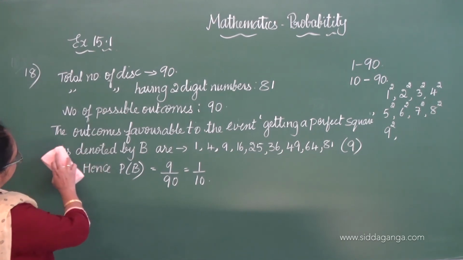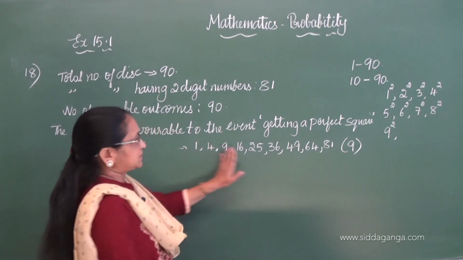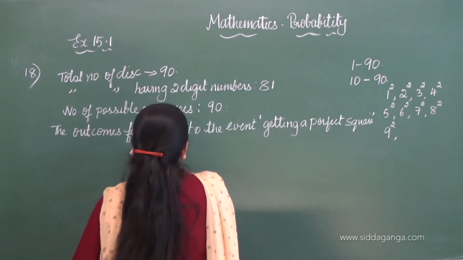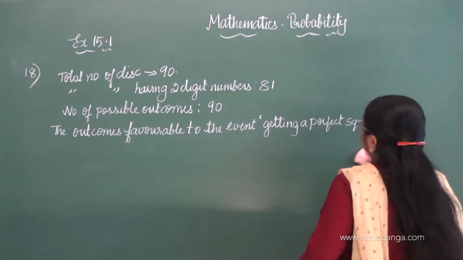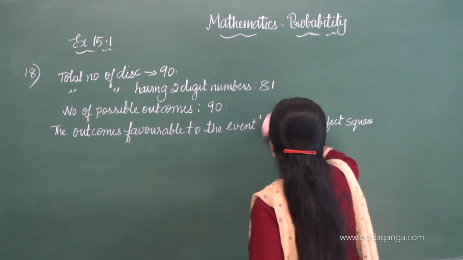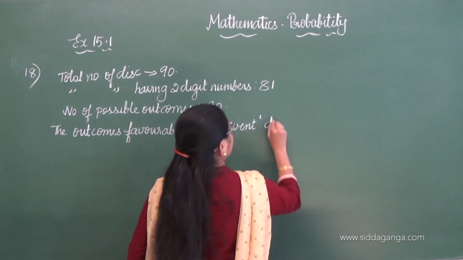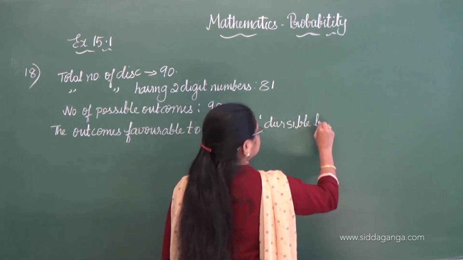So the outcome favorable to the event, I hope you understood this, perfect square. Now we shall see the event divisible by 5.